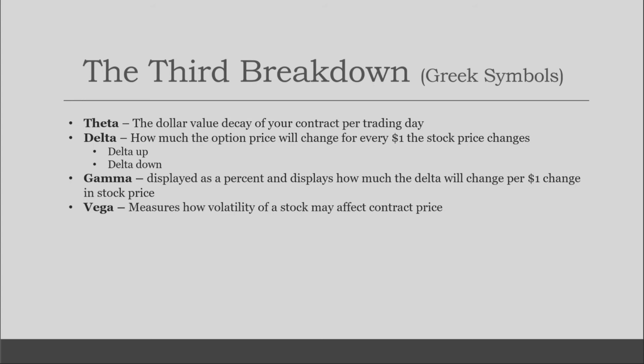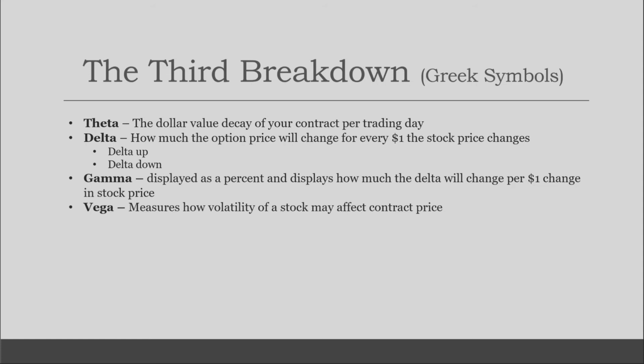Gamma, on the other hand, is displayed as a percentage and shows how much the delta will change for every $1 change in the stock price. The delta doesn't always remain the same. In fact, it is constantly changing, and that change is determined by the gamma.